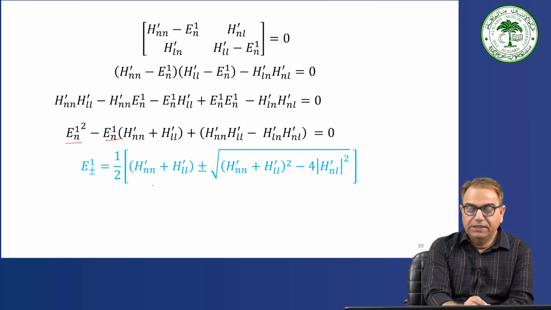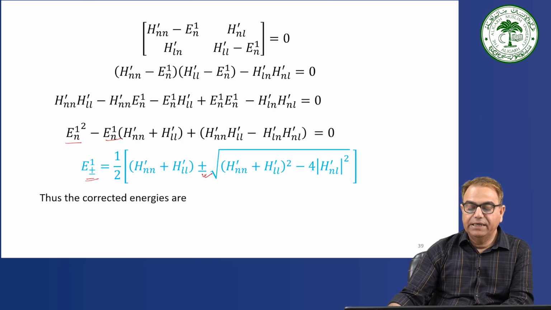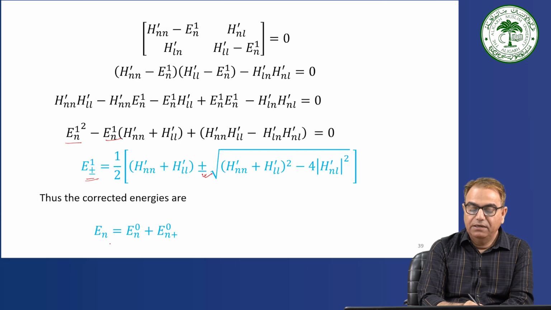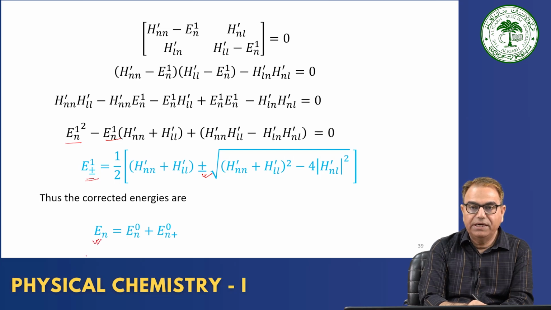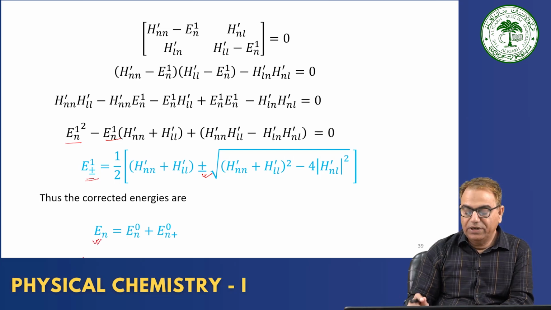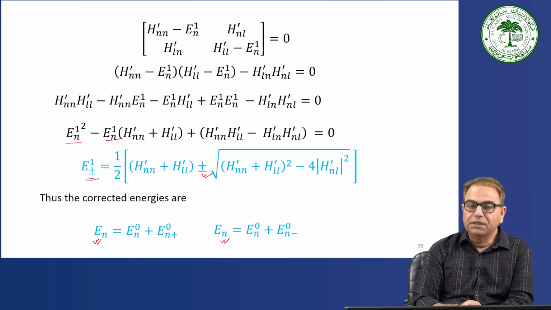Okay, so what you get is E plus minus, and with this plus minus term you get two different values of energy. Thus the corrected energies are: if you add to the unperturbed energy En naught the plus value En plus, you will get this as the energy of the perturbed system, and if you add En minus to En naught, then you get another value of energy for the perturbed system.